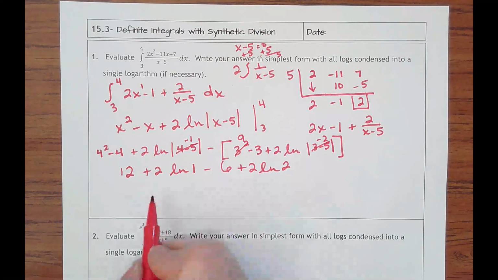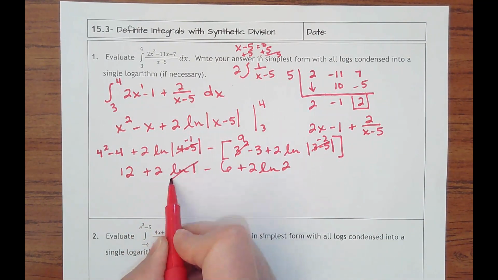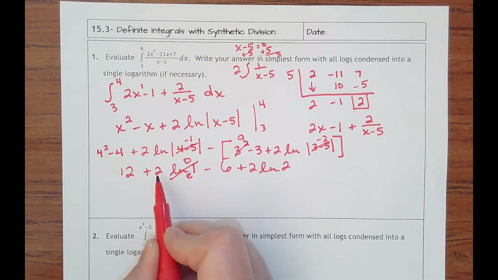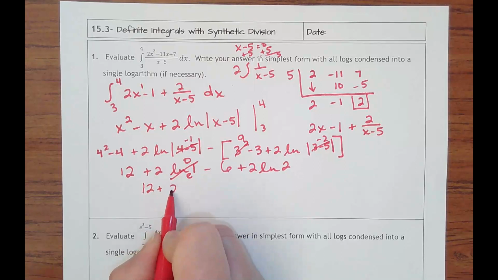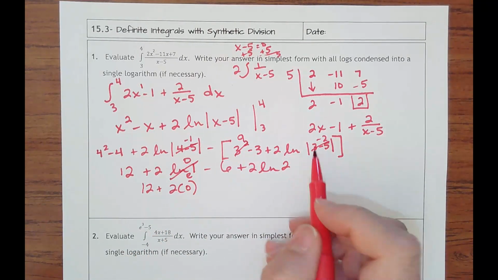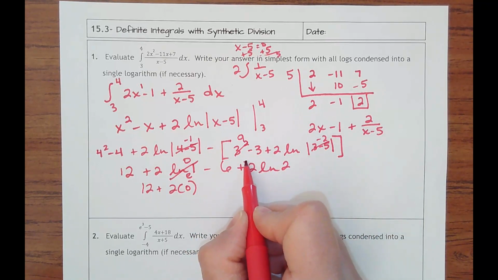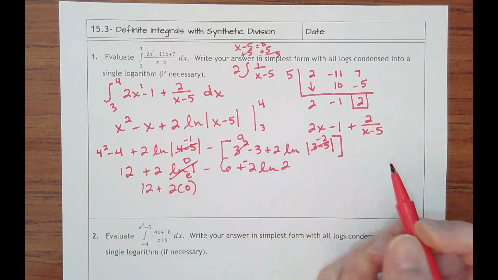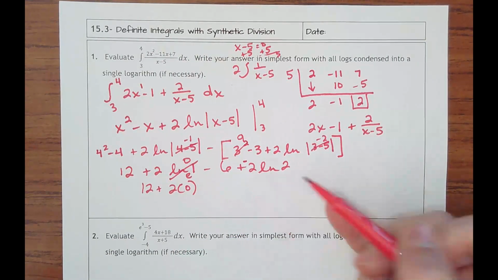Okay, then I'm going to think about natural log of 1. Remember that's e to what power makes 1? That's a 0. So it's 12 plus 2 times 0. And then this should have been a negative, because I have to distribute this, or think about brackets being around it. But I'm going to go ahead and just make that negative and that negative.